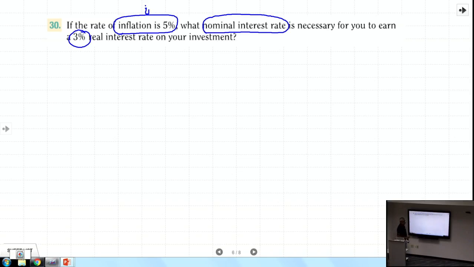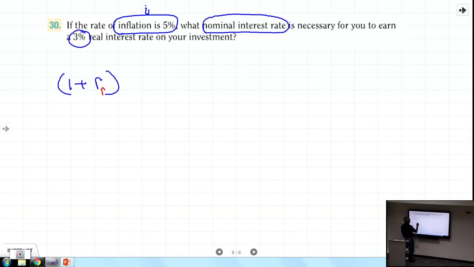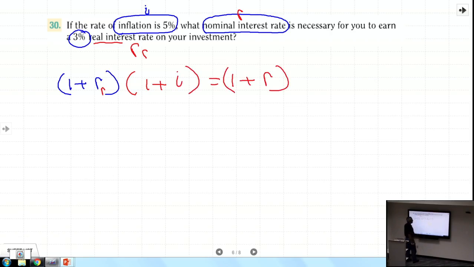So the formula that we have is 1 plus the real interest rate, and to designate this as the real rate, we need to make a quick note that this is R subscript R. Not just R, we designate nominal interest as R and real interest rate as R subscript R, times 1 plus the inflation rate will equal 1 plus the nominal interest rate.